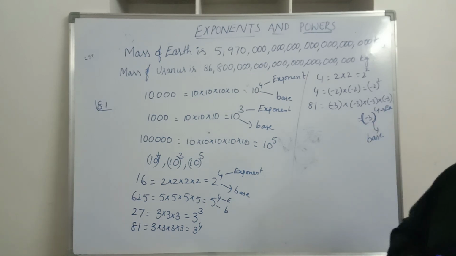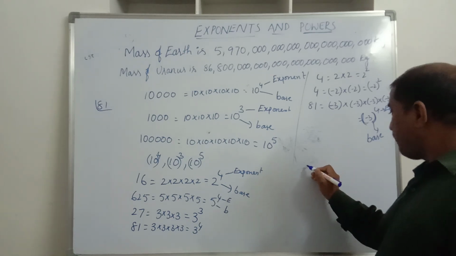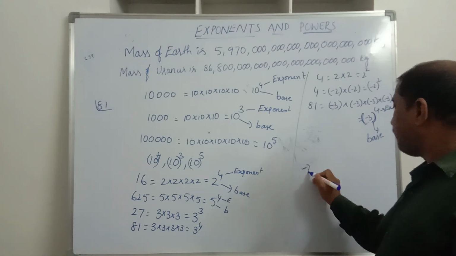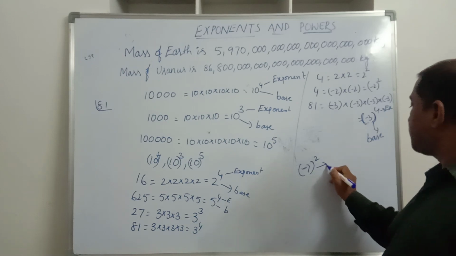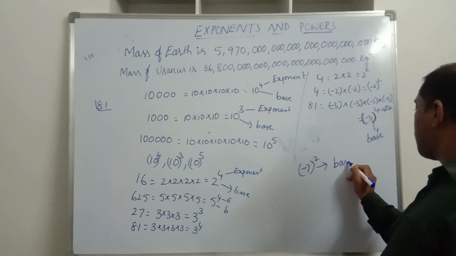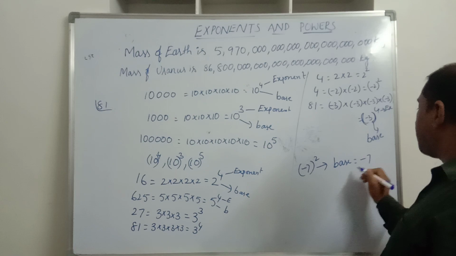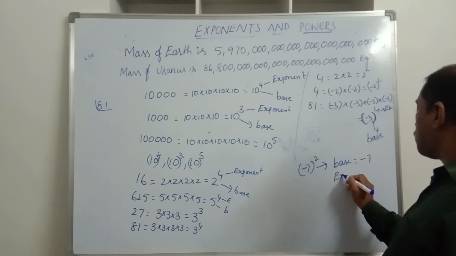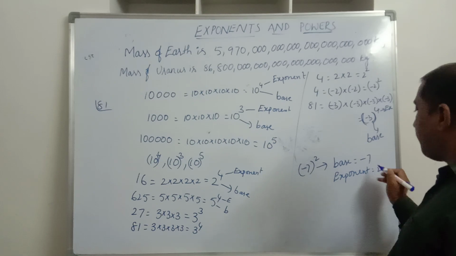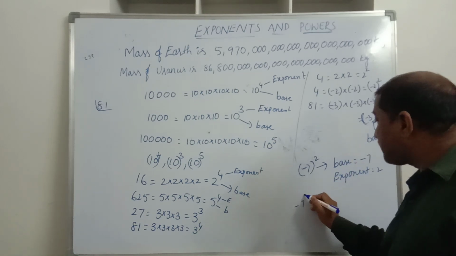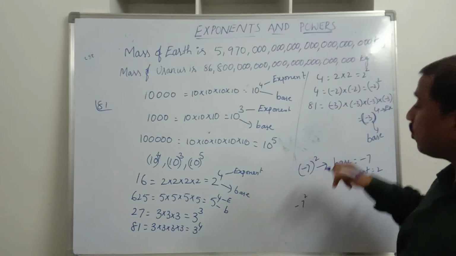Now if I write minus 7 whole square, in this which is the base? Here base is equal to minus 7 and what is the exponent? Here the exponent is 2. Now if I write minus 7 square, this is different from minus 7 whole square.